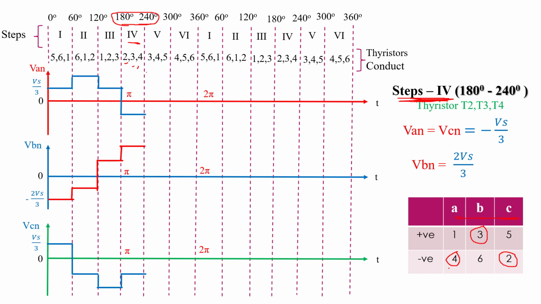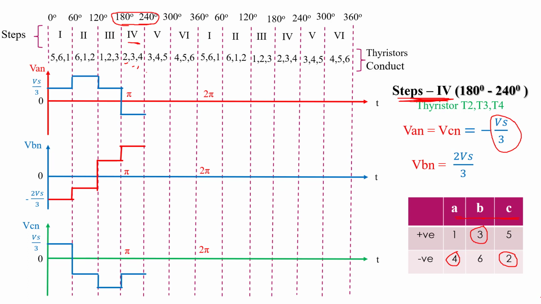So these 2 are the parallel thyristors and this is the single thyristor. Here we conclude that with 2 thyristors connected in parallel, the voltage across the load is Vs by 3. We conclude this from the previous calculation.